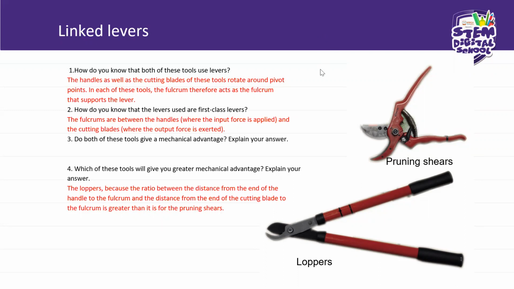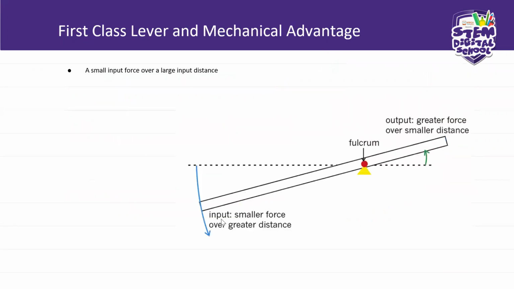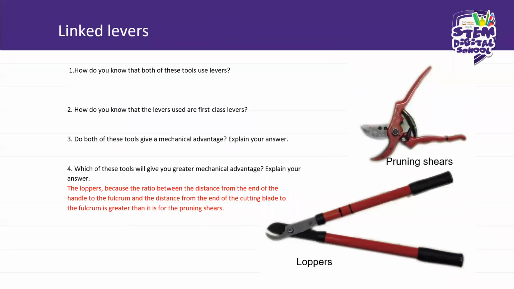Grade 8, listen. We said here, the input is a smaller force over a greater distance. Then we have the output as greater force over a smaller distance. Now, we are here. Look at the input.